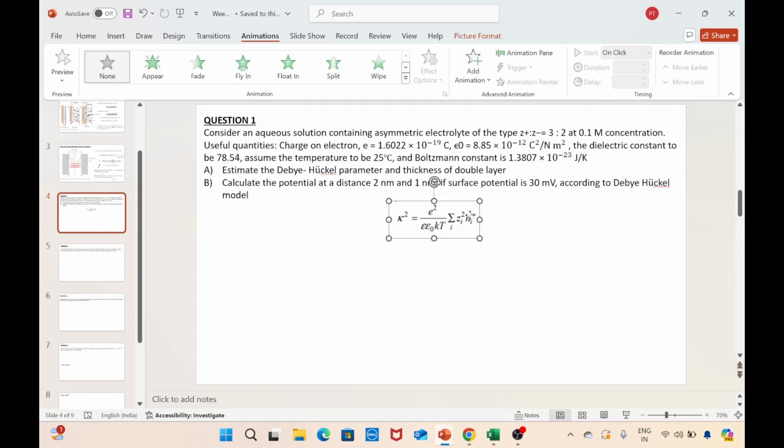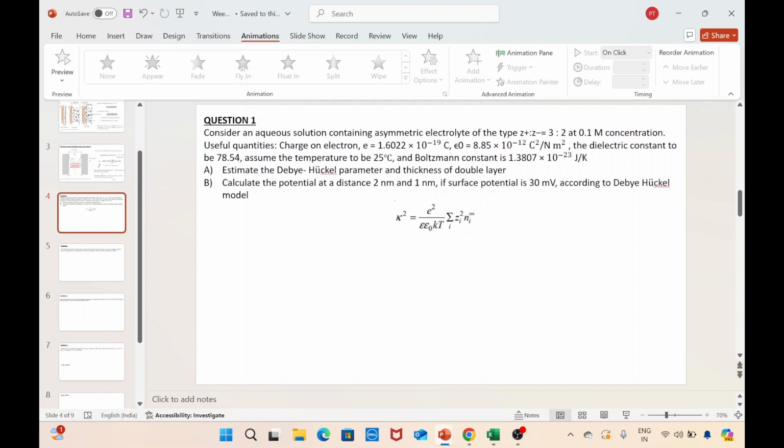Okay, so we started with question number one. Let me read it aloud so that we can start solving this once again. We have taken an aqueous solution containing an asymmetric electrolyte of the type 3 is to 2 at 0.1 molar concentration.